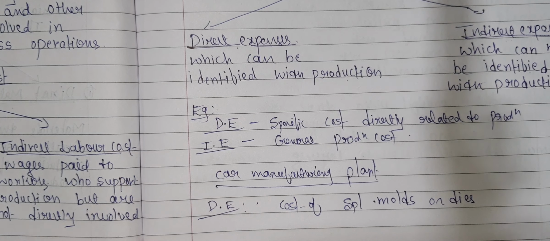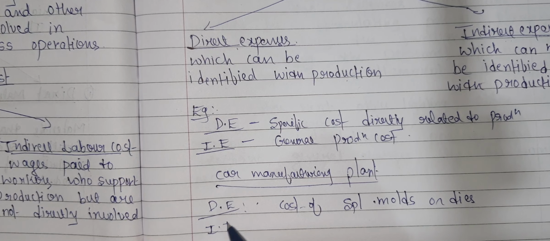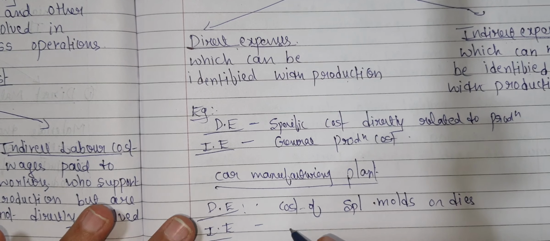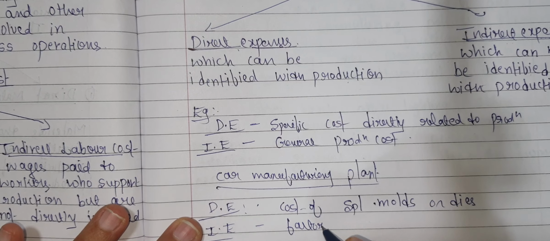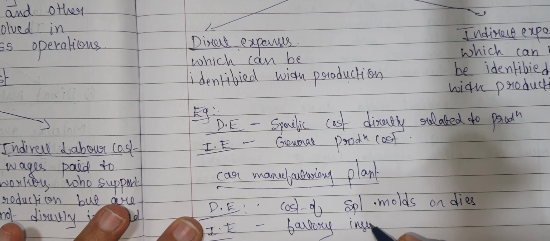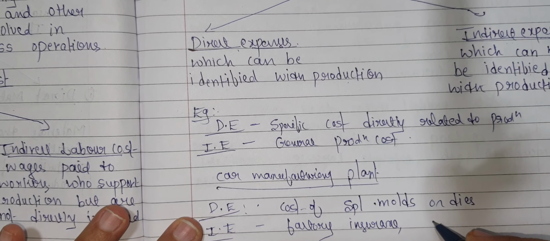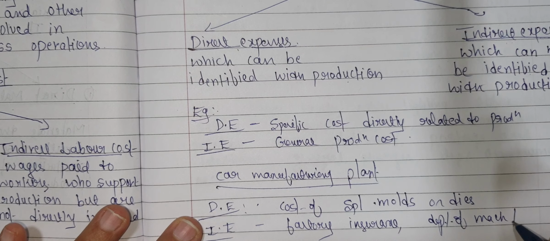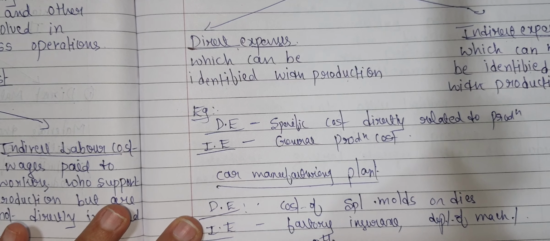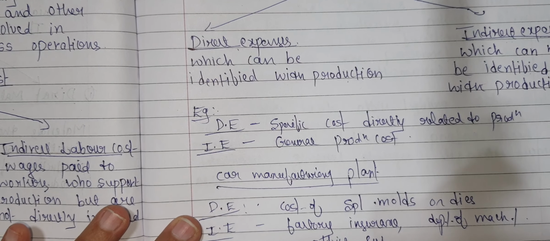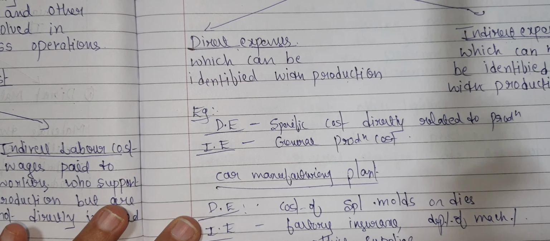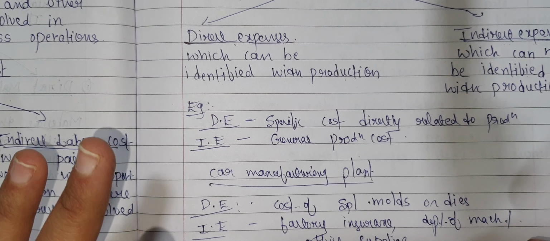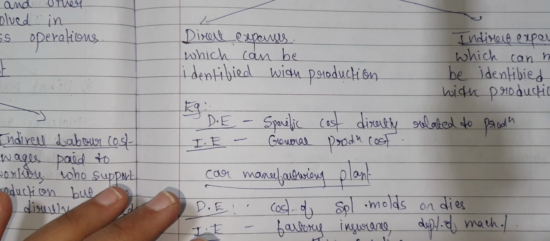This is a direct expense. And what about indirect expenses? Take factory insurance, depreciation of machinery, or office supplies. These are all indirect expenses, which cannot be identified with the production. Fine, this is about expenses.